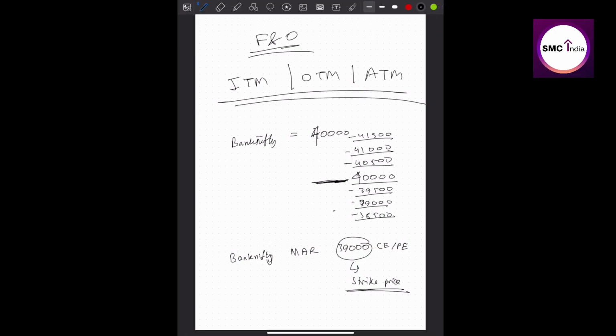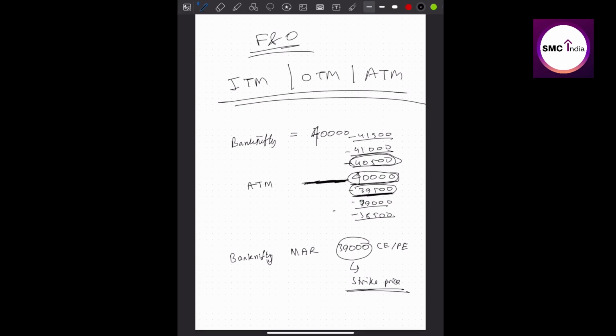So the strike prices are the price levels either at the current level where Bank Nifty is trading, or at a level higher or lower than where Bank Nifty is trading. Now remember this, it is very easy. The strike price very close to the current trading price of Bank Nifty is called ATM, at the money.